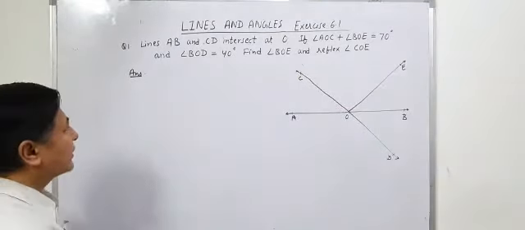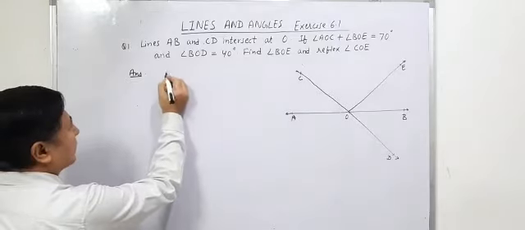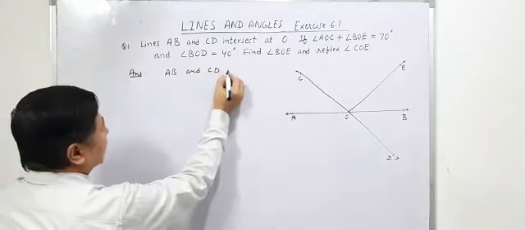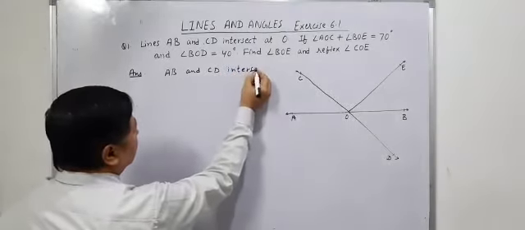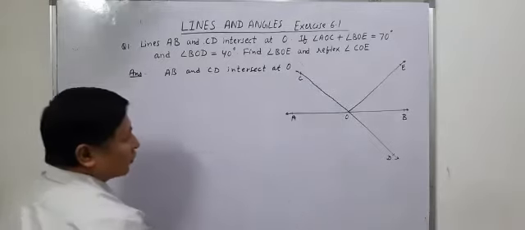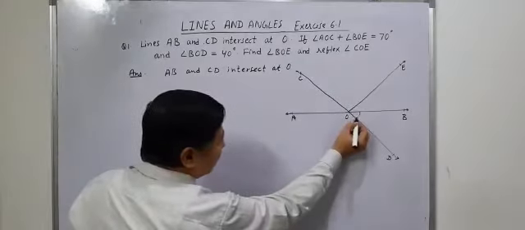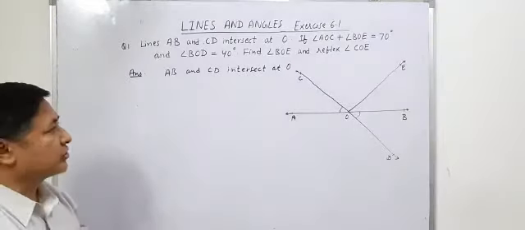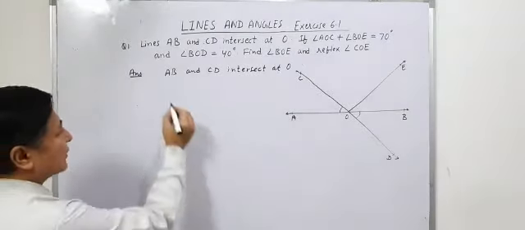First thing, it is given in the question that AB and CD intersect at O. So these two angles, this angle and this angle, will be forming vertically opposite angles.